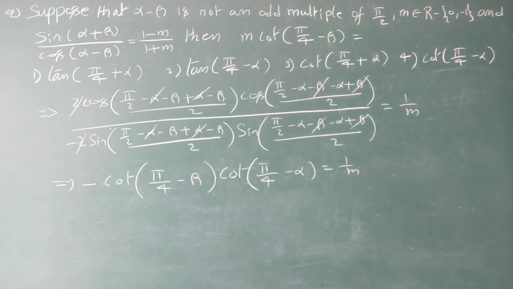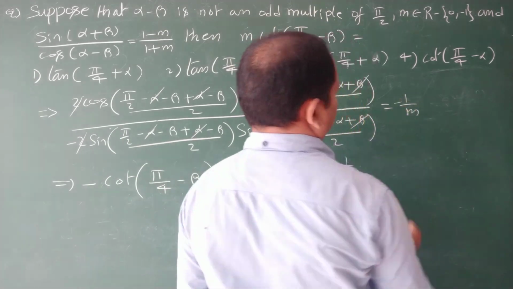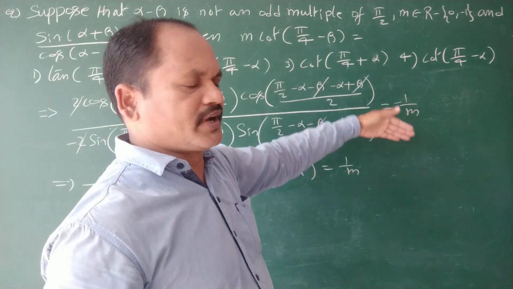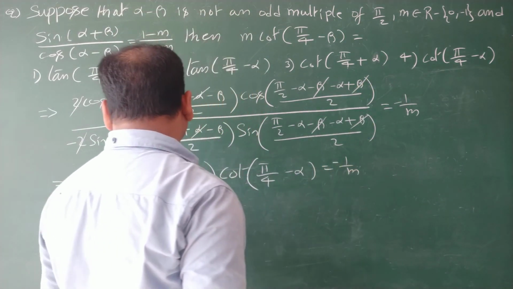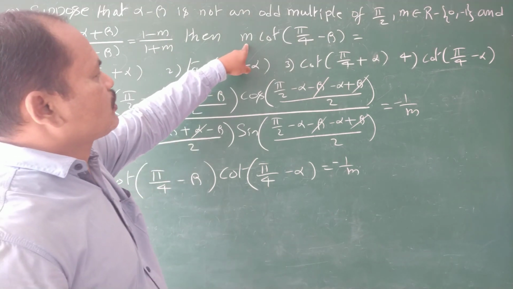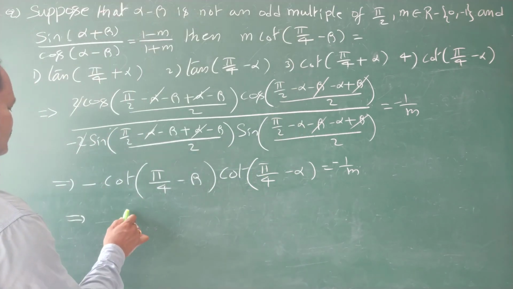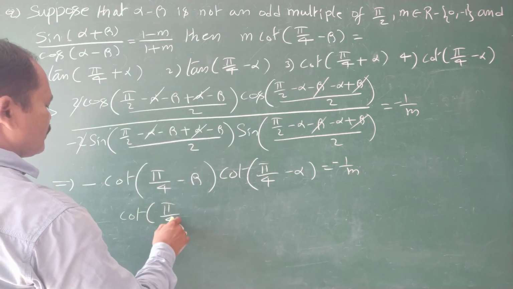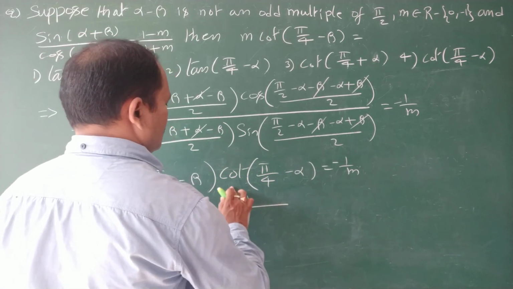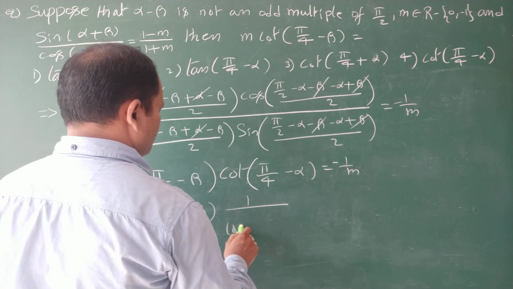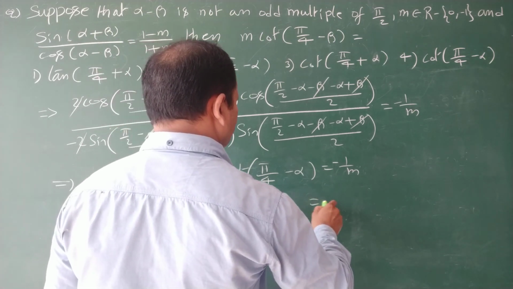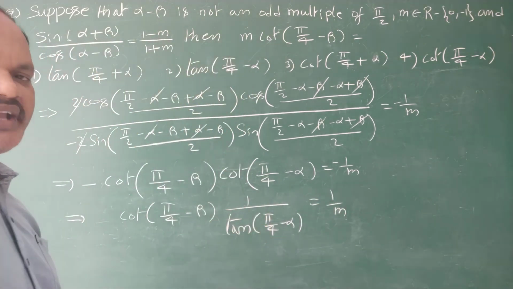Now from this, the right side is minus 1 by m, since 2 by minus 2m is minus 1 by m. So the minus gets cancelled on both sides. Now we get m cot(pi by 4 minus beta). Cot can be written as 1 by tan, so 1 by tan(pi by 4 minus alpha) is equal to 1 by m, after the minus gets cancelled on both sides.